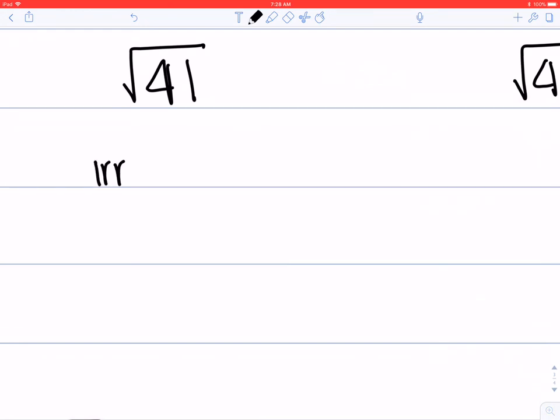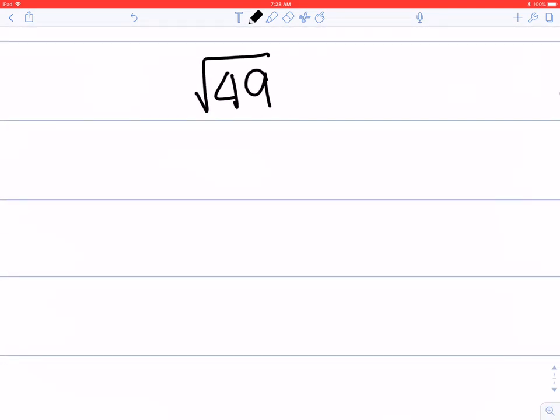The way I can check that for certain is to use the fraction to decimal button, telling my calculator to convert this decimal to a fraction. It comes out with the same exact number. So that's how I know that it's definitely an irrational number. It cannot be written as a fraction.